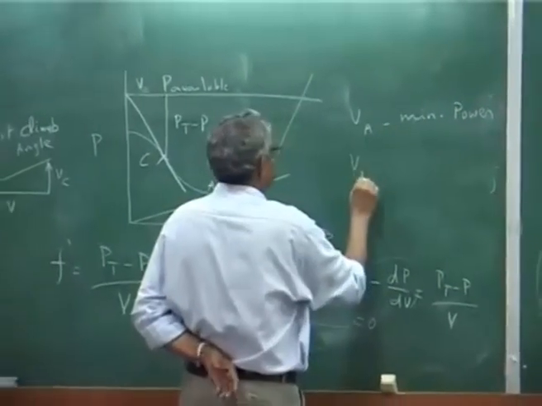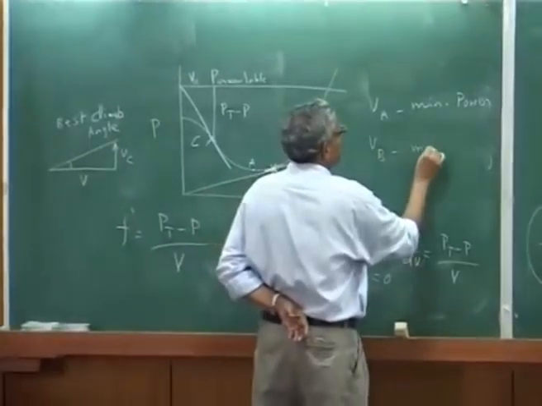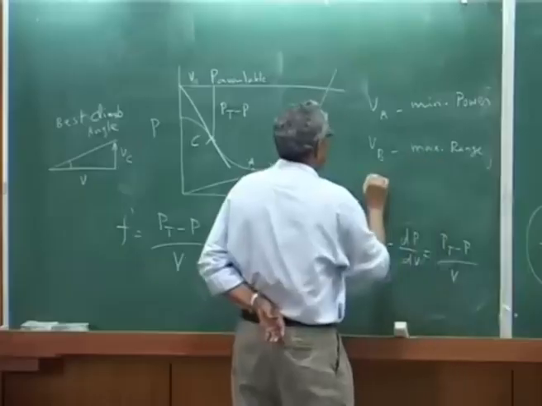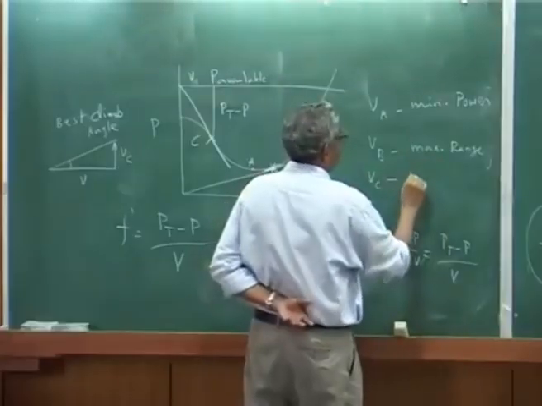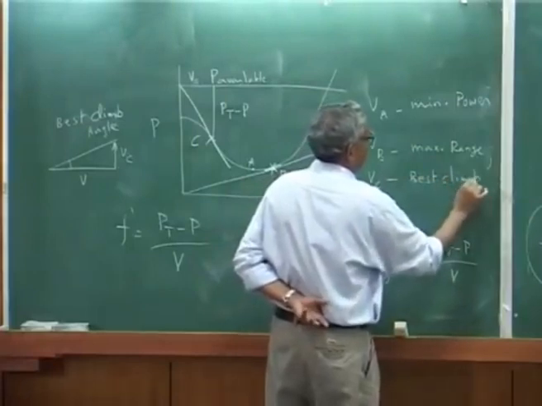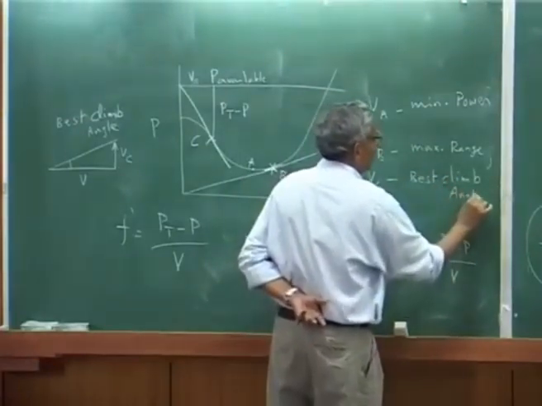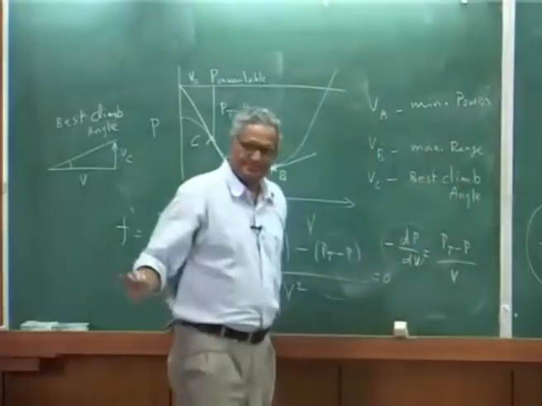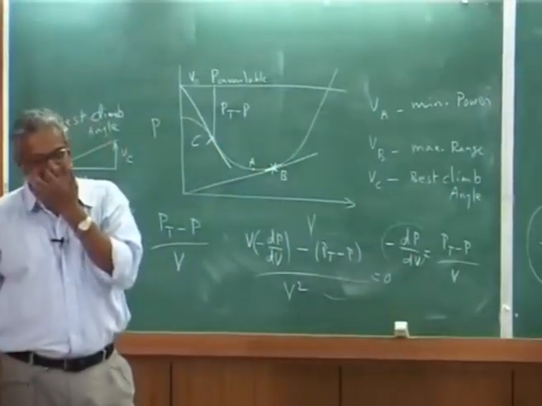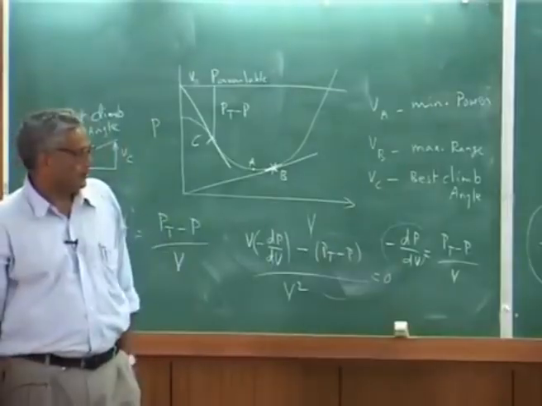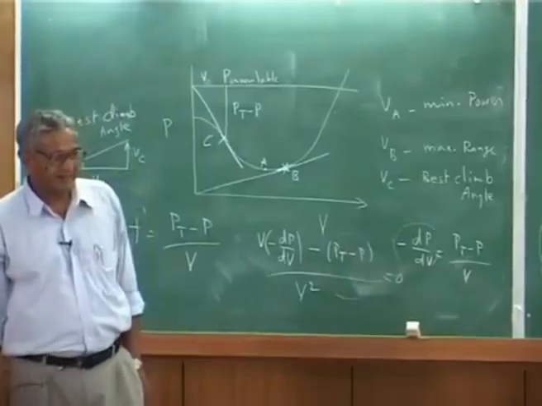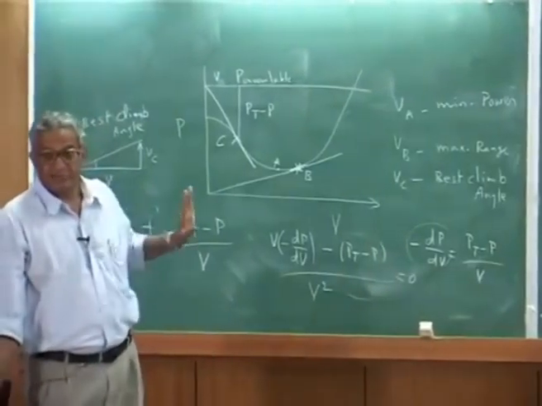This is VB, max range, and VC is the best climb angle. Just the power versus velocity curve, that is all. They define it like the best climb angle, that is all.